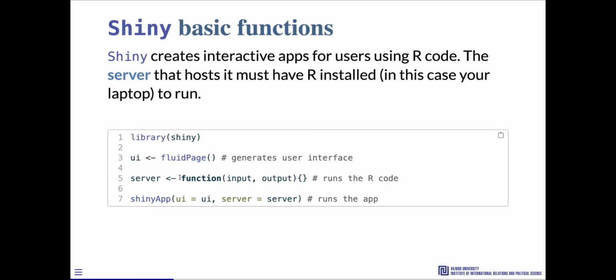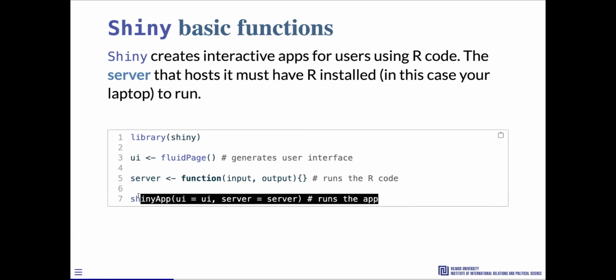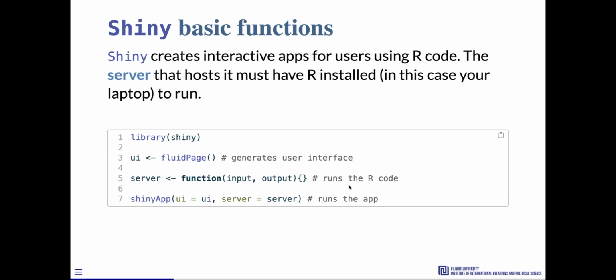All of this is happening inside this function that you can create yourself, or it is already wrapped up in the template. And inside of these brackets, we're going to put all of the R code that is going to be running in response to the options that we give the users. And then finally, this code here simply runs the application. So this is the basic structure.